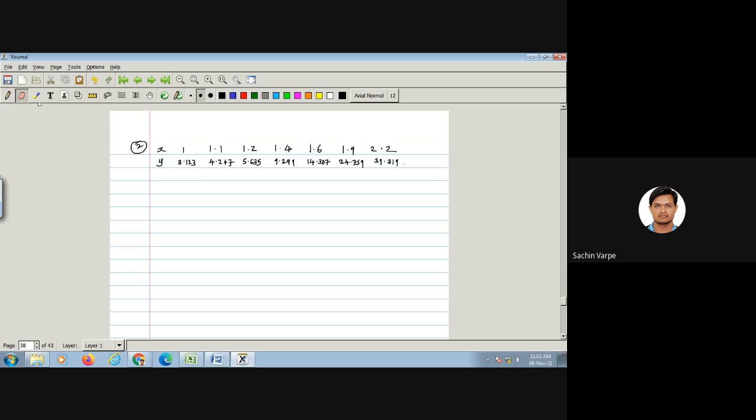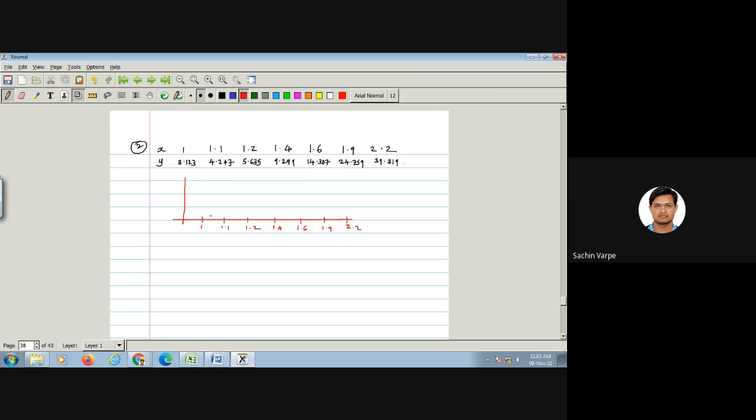So if we consider the first strip, if you are able to visualize this, the data is given like this. Suppose this is 1, then 1.1, 1.2, 1.4, 1.6, 1.9 and 2.2.